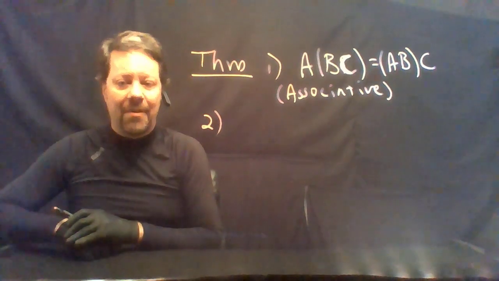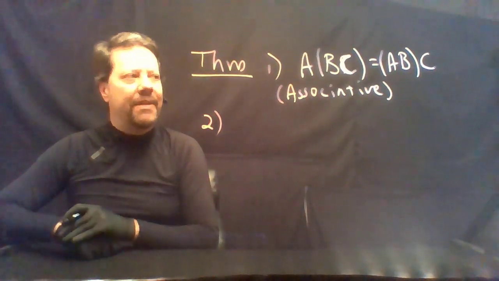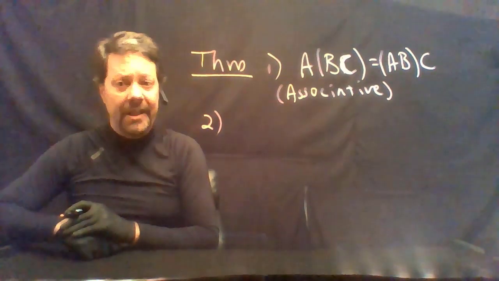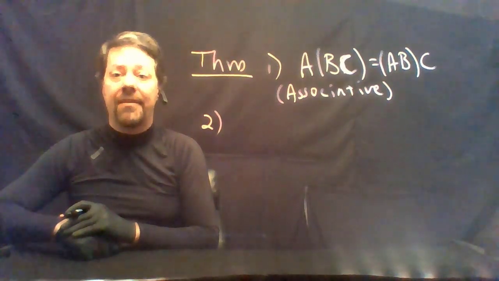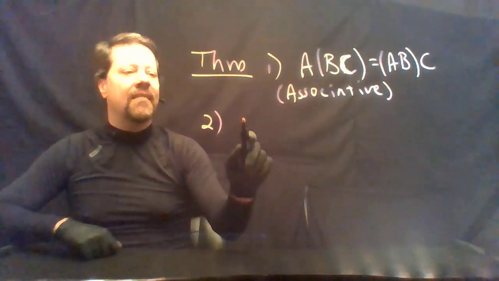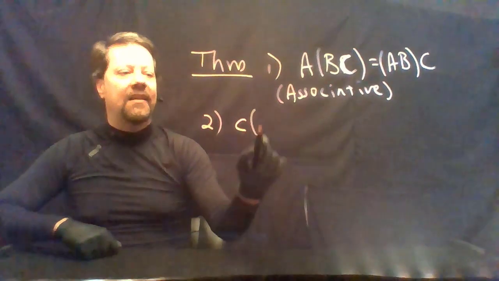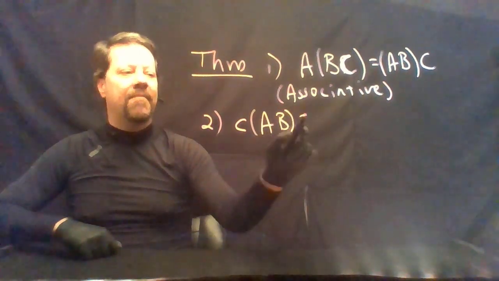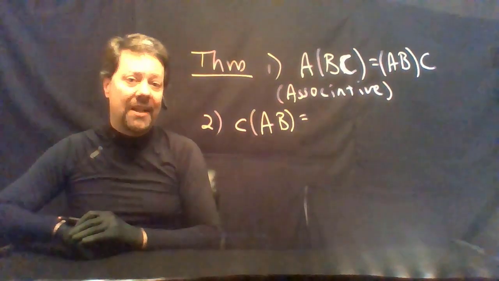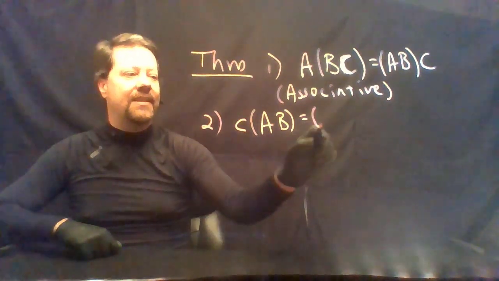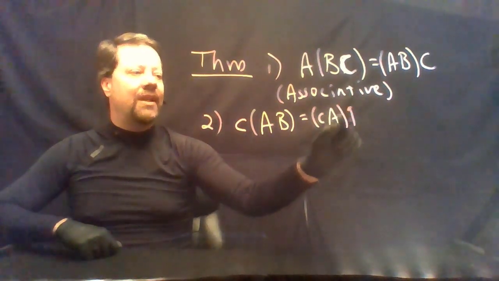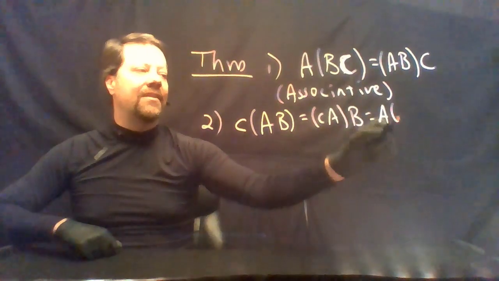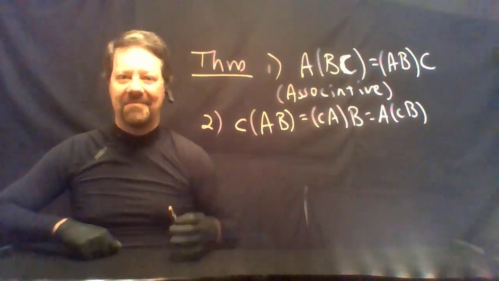But it has another form of associativity. Once you introduce a new operation, you need to describe how it behaves in terms of other operations that you've seen already. What if you have a scalar C times AB? Can you associate that scalar in different ways? And the answer is yeah. You can associate it with either of the factors in the product.